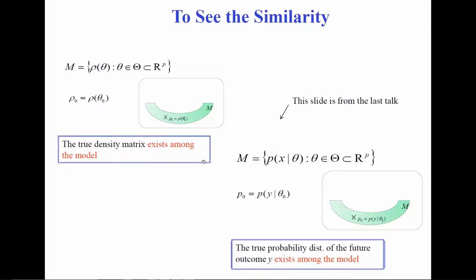While the right lower panel shows the entire space of predictive distributions. And here we assume that the true distribution of the future outcome, denoted by P0, which is specified by the true parameter theta 0, is on the green surface, which denotes a statistical model.